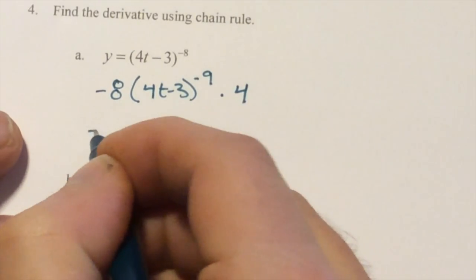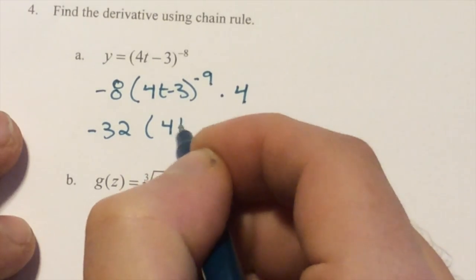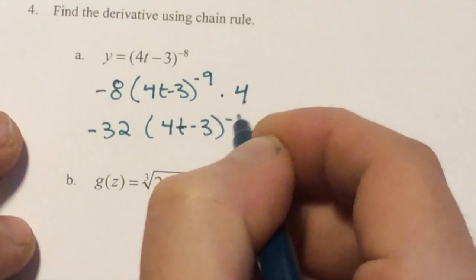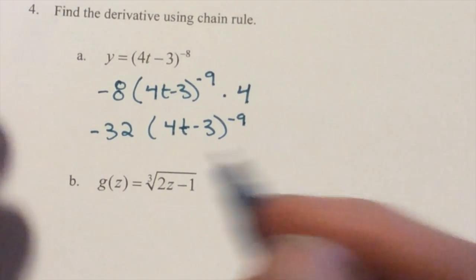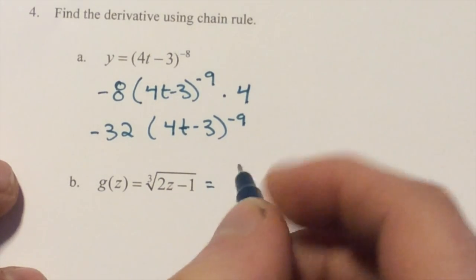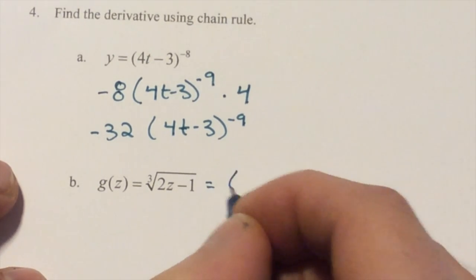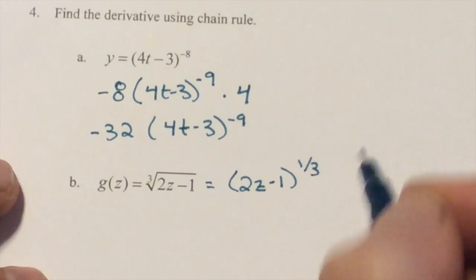So our answer is negative 32 times 4t minus 3 to the negative 9th. Since the problem was given to us as a negative exponent, you can leave it as a negative exponent. Let's move to b. First, let's rewrite this so it's exponents. So I have 2z minus 1 to the 1/3 power.